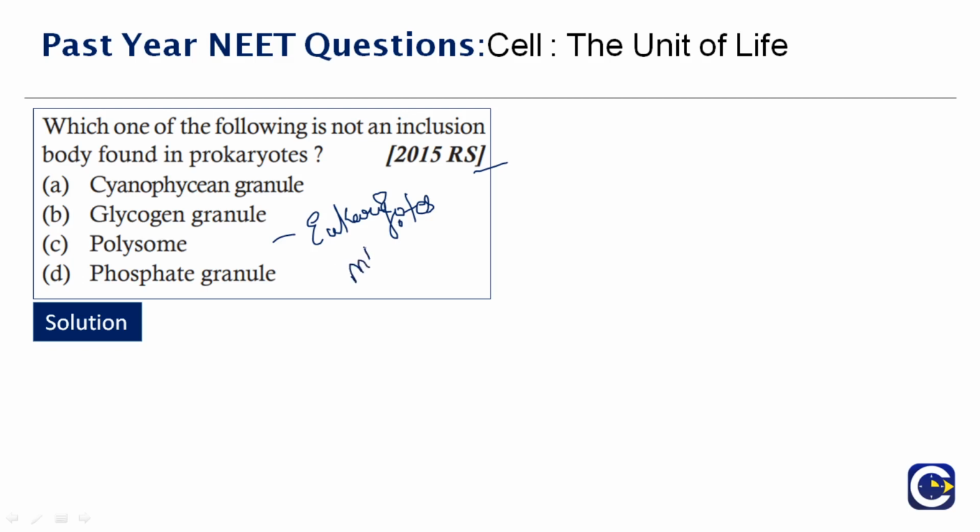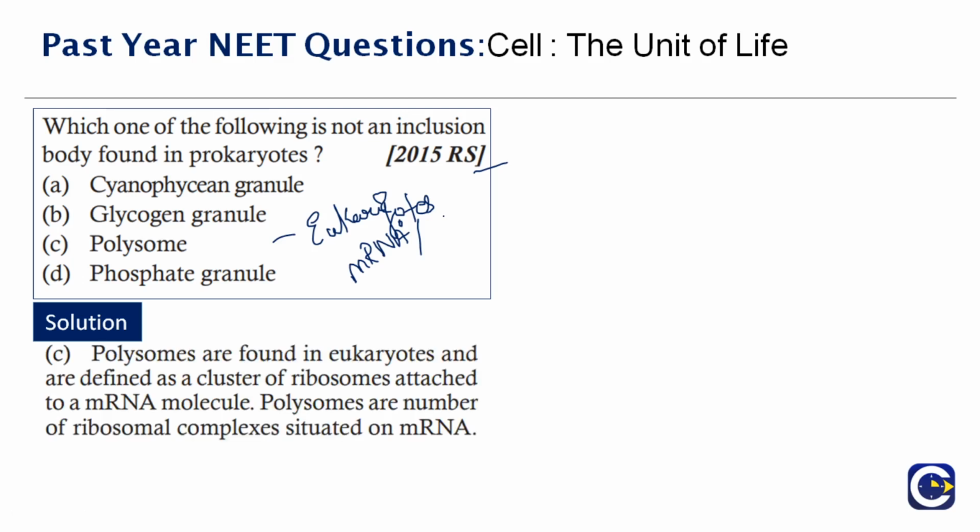You would have heard of mRNA, which is important for translation. We all know there are processes called transcription and translation. So the polysome is very important during the translation process. Therefore, the inclusion body that is not found in prokaryotes is polysome. Option C is the right answer.